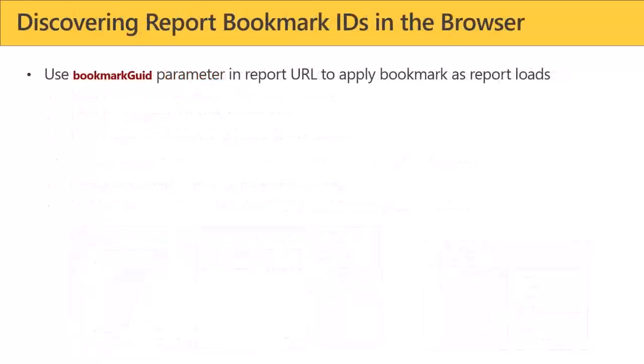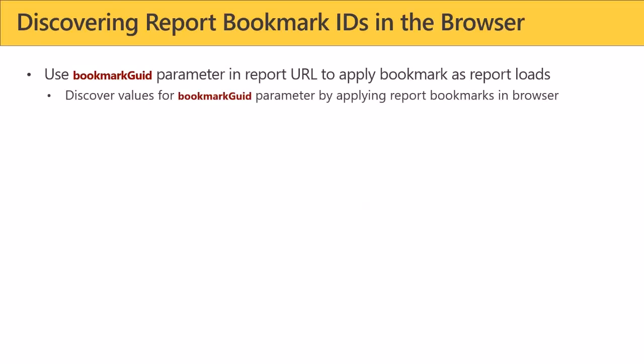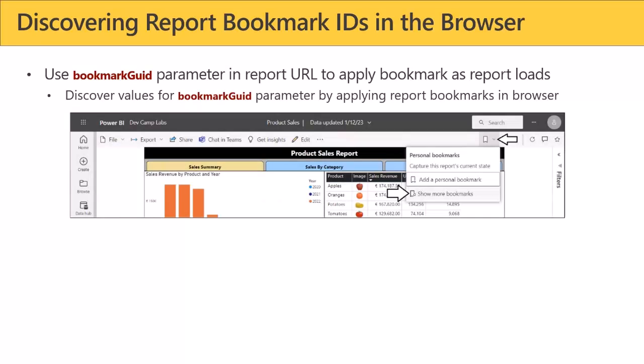Okay, almost done. How do we load the report and apply a bookmark? There is a parameter we can put on the report URL that has a very bad name, bookmarkGuid. But the idea is that you can discover these values for the bookmark GUID.